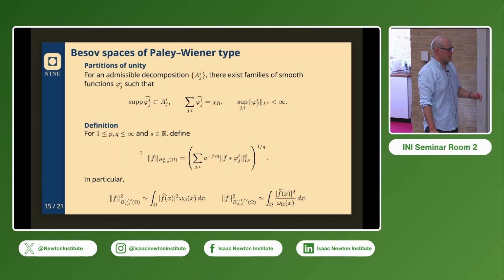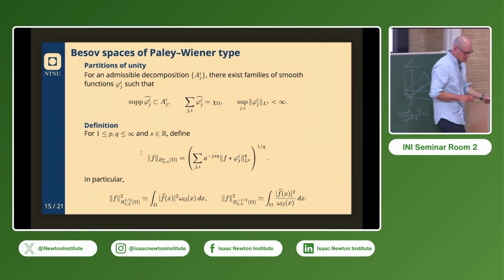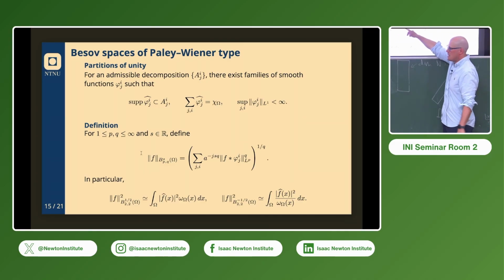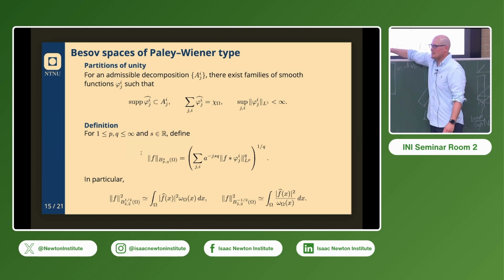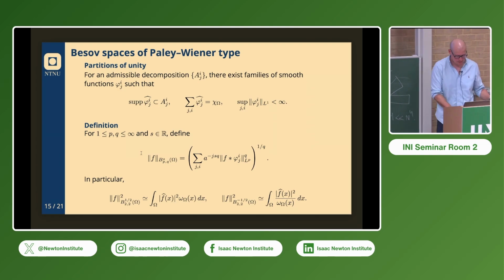So it's quite different from the usual Besov spaces, but formally it looks the same. But the Fourier support is with respect to these little squares on the Fourier side. And in particular, if you account that this is the weight in the Hilbertian case, this recovers these two norms that we saw naturally.